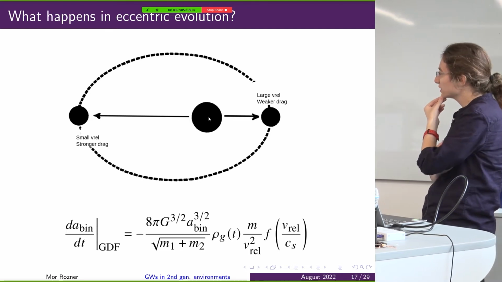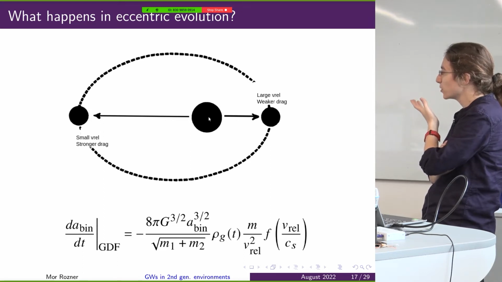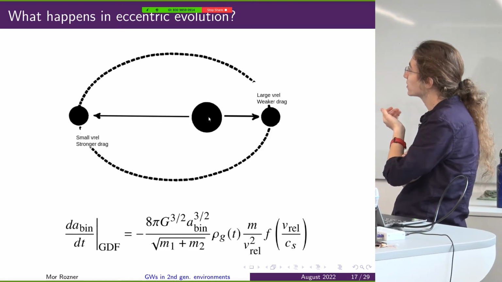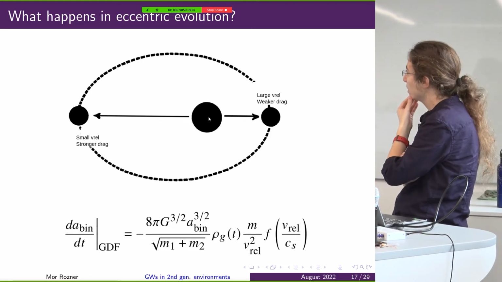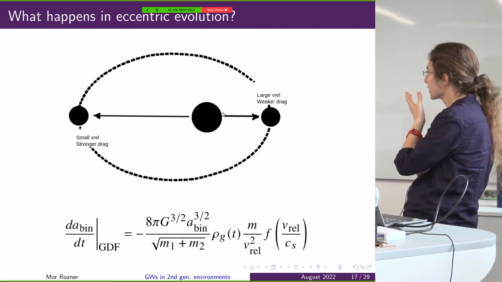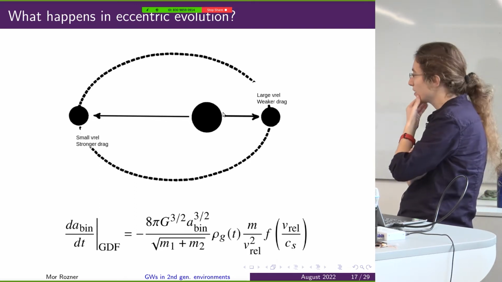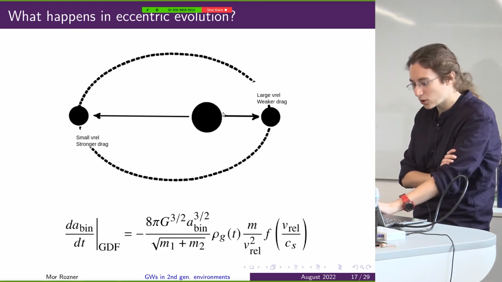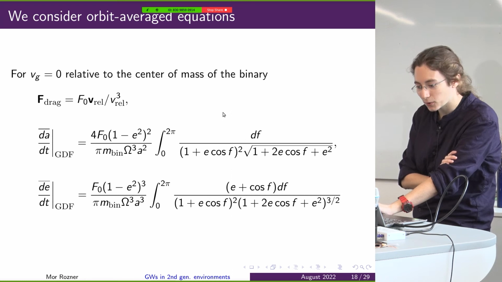I think the most interesting thing about gas-dynamical friction is that the most important point in your orbit is the point in which you have the small relative velocity, because then you will have stronger drag. So actually it's not the pericenter, but the apocenter. What happens with eccentric orbits is the following.